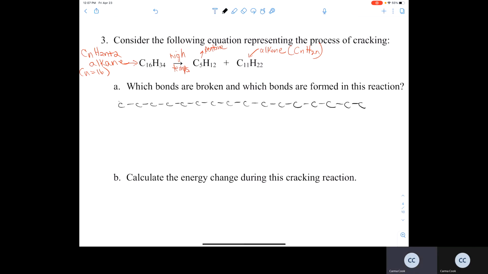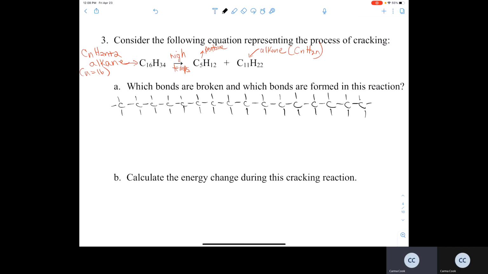And so the carbons on the end are going to have 3 hydrogens attached, and the ones in the middle are going to have 2. I'm not going to write in all of those H's for the conservation of time, but at the end of each of those lines, there's a hydrogen understood to be there.